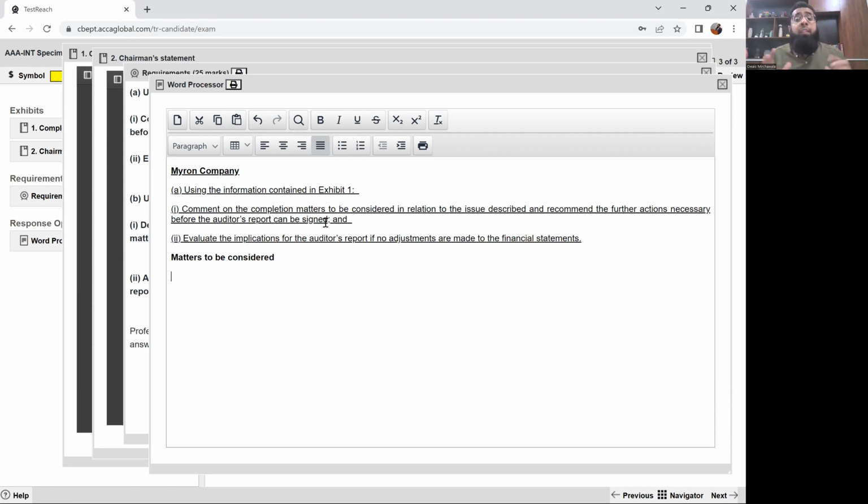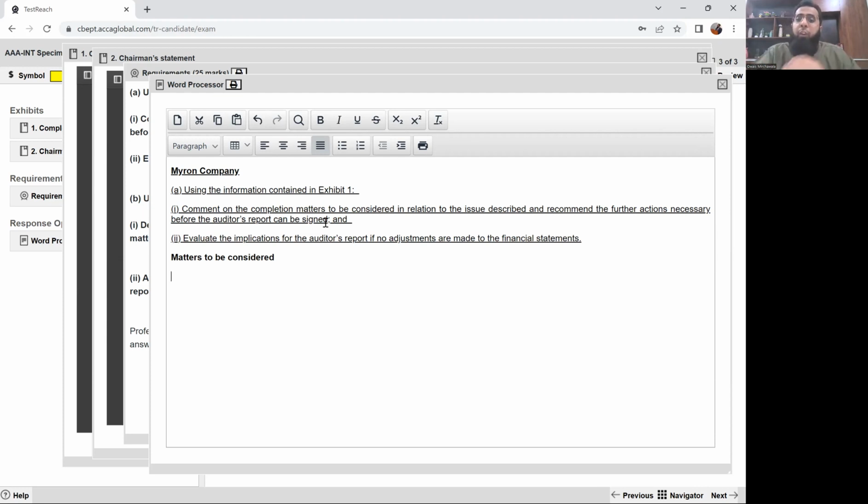I have told you this multiple times that professional skill marks are not a separate requirement. You just answer your auditing head. While answering the auditing requirements, make sure that you attempt in a professional manner. You apply it well, make good arguments, and you will get those 5 marks for free.